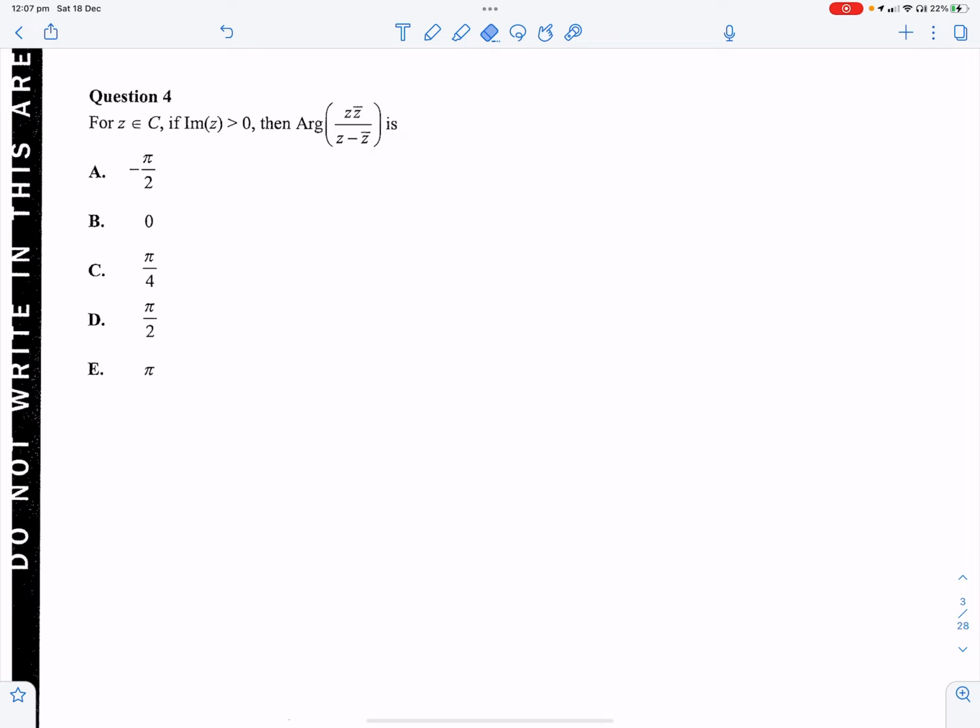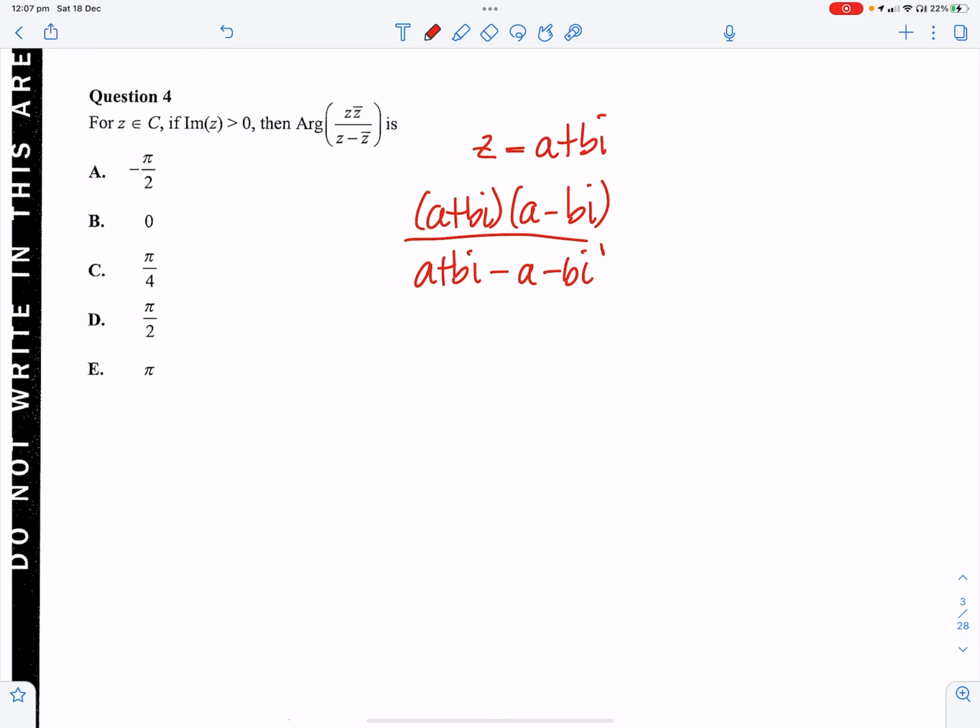Okay, the imaginary part of z is greater than 0, so it's positive. Let's let z equal a plus bi. So we get a plus bi, a minus bi, over a plus bi minus a minus bi. We know on top we're going to get a squared plus b squared, and on the bottom, the a's cancel, so we get negative 2bi. Now, the imaginary part of z is greater than 0.